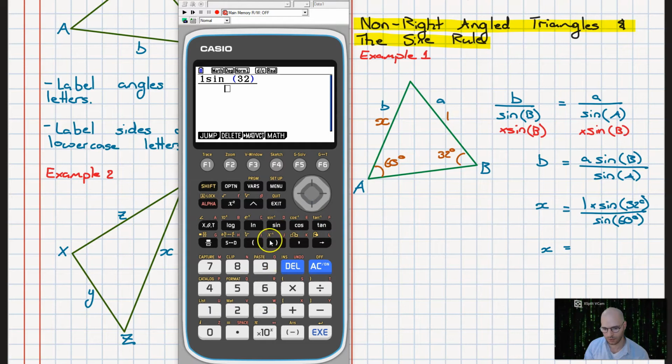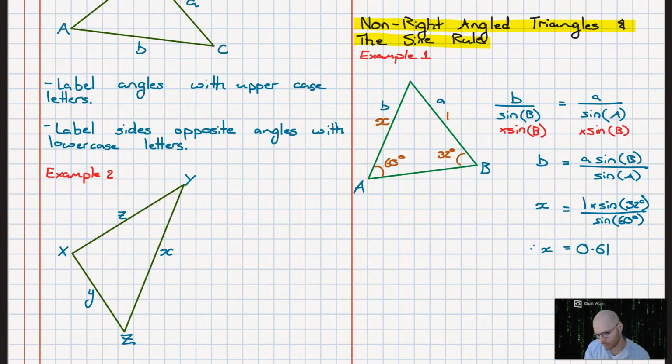And that's all over sine 60. And thus the answer is going to be 0.61. And this is a quantity, so we're going to call it units. 0.61 units. So example 1 has demonstrated how we use the sine rule to calculate unknown side lengths.